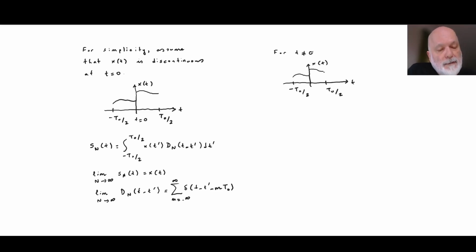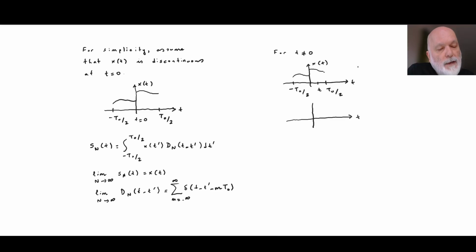Now when t is different from 0, for example, let us choose t here. Now let us draw the graph of the integral expression of Sn of t.